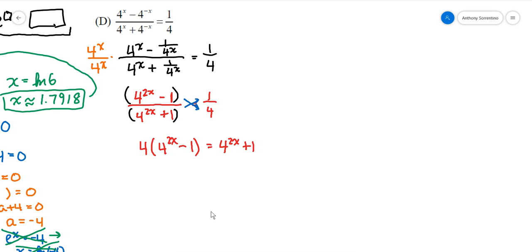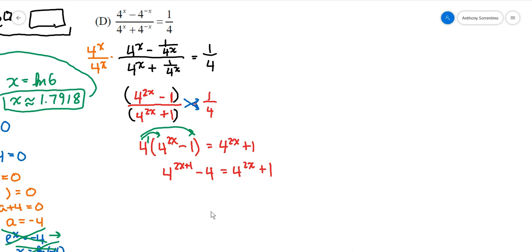In order for me to start manipulating things around, I'm going to have to get rid of the parentheses on the left, which means I'm more than likely going to have to distribute this. For the 4, I have basically 4 to the 1 here. 4 to the 1 times 4 to the 2x, I would add the exponents. And so I'm going to have 4 to the 2x plus 1 minus 4 equals 4 to the 2x plus 1.